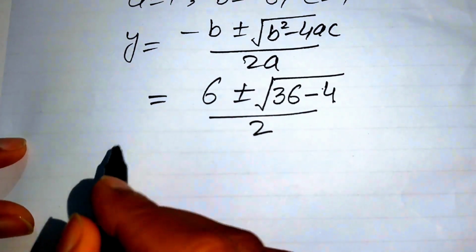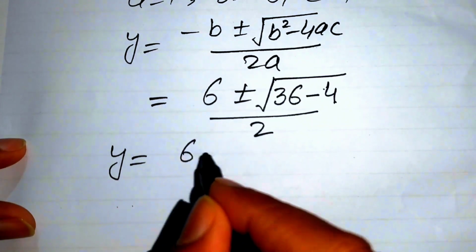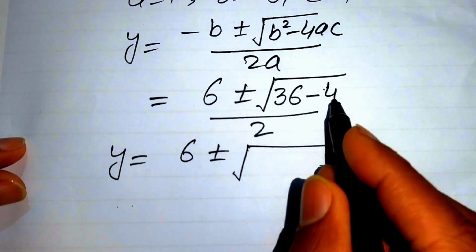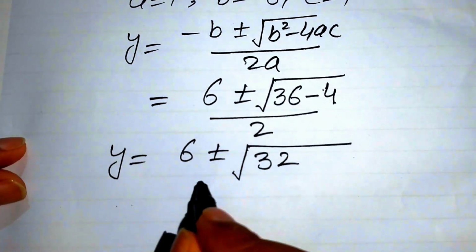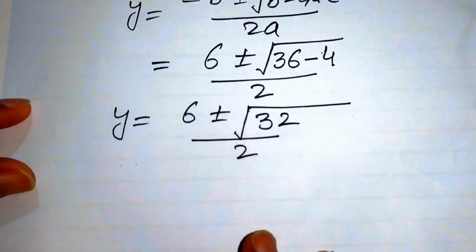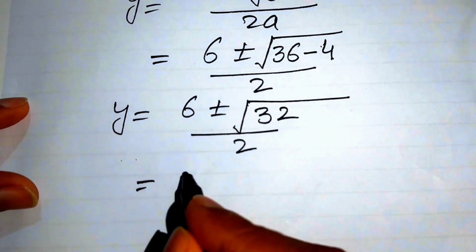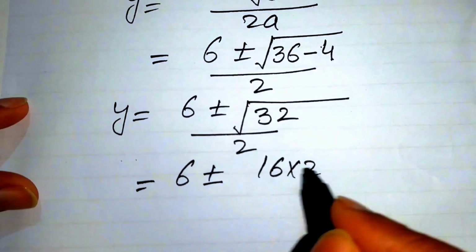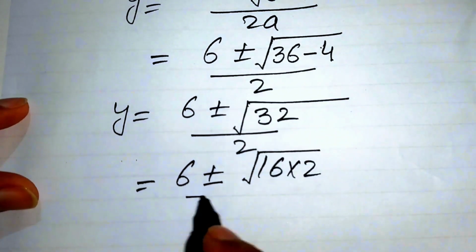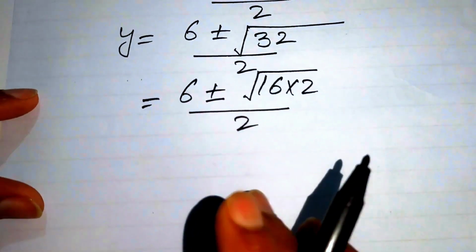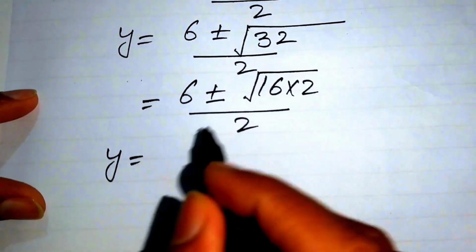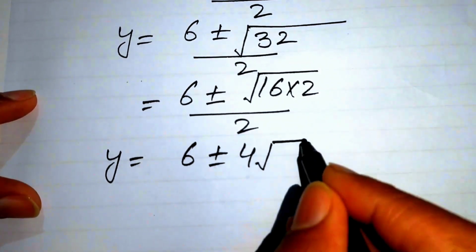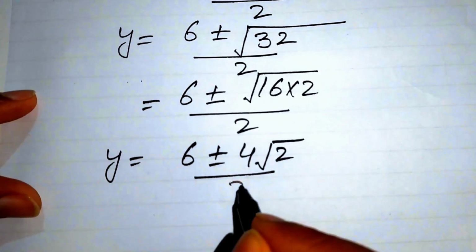And now we write it as y equals 6 plus minus square root of 36 minus 4 becomes 32, divided by 2. And now we write this 32 as 16 multiplied by 2 under the square root, divided by 2. And now you know that the square root of 16 equals 4, so we get 4 times square root of 2 divided by 2.